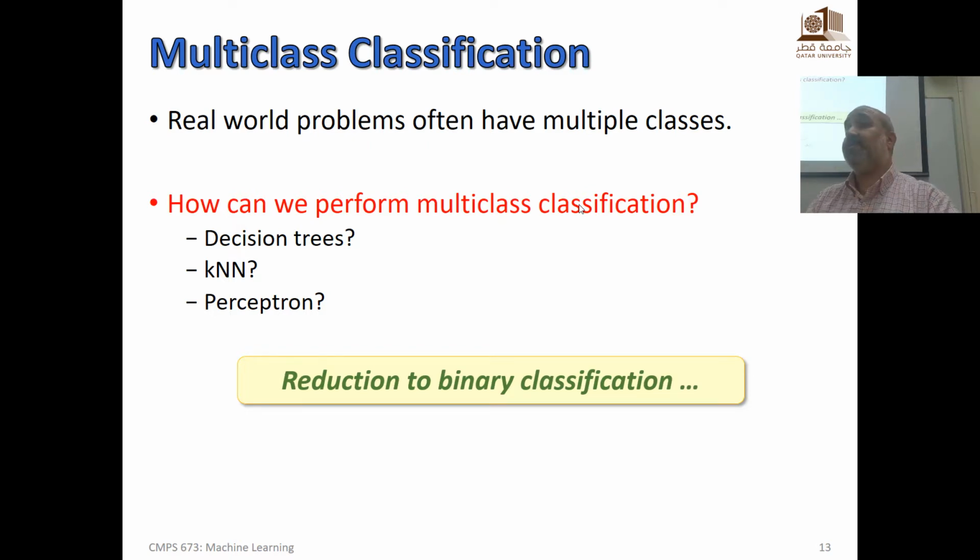How about perceptron? Think about it in 2 dimensions. If you had 3 classes, can you use a line to separate the 3? No. Anyway, can perceptron do multi-class classification? No, because the inductive bias, the basic assumption, is that the data can be separated by a hyperplane. So the decision boundary is a hyperplane. A hyperplane cannot, to my knowledge, separate more than 2 classes.